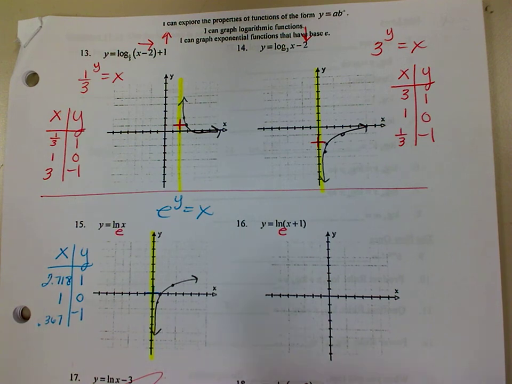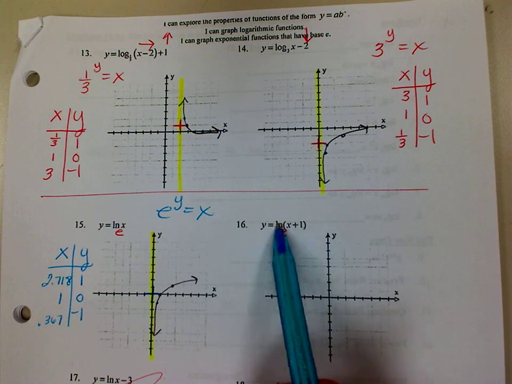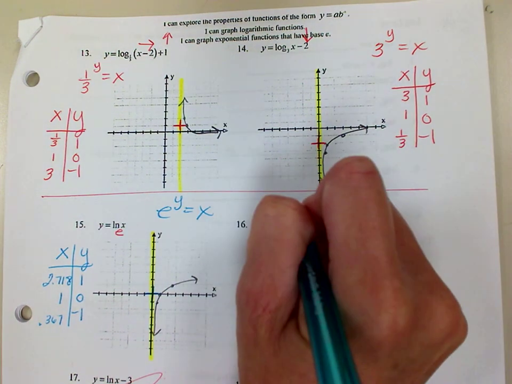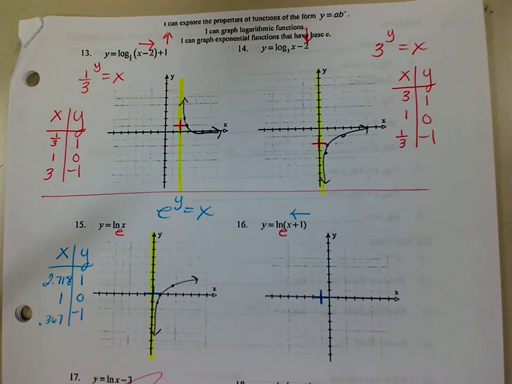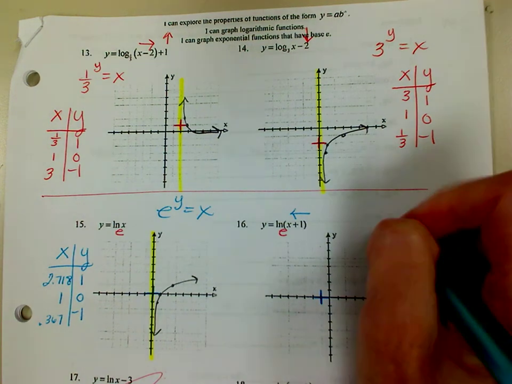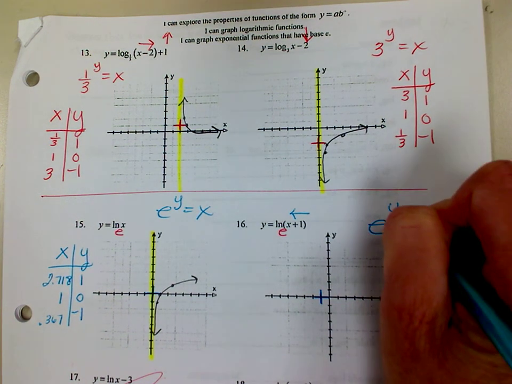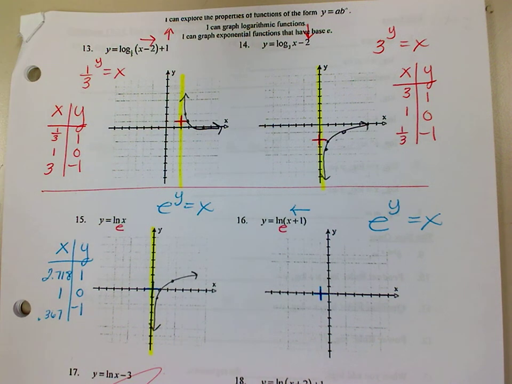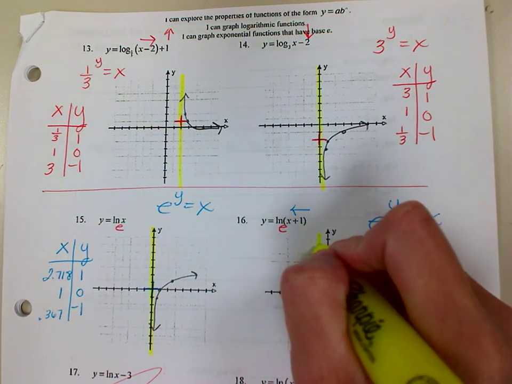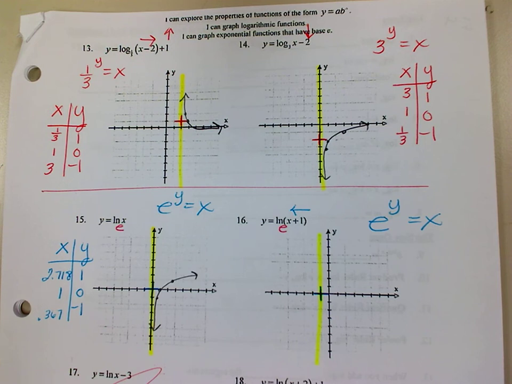Okay, moving on to 16. This number is grouped with x. I'm going to do the opposite. I'm going to go to the left one. Okay, now I've got to rewrite it. So it's going to be e to the y equals x. Since y is the exponent, I cannot cross the new y-axis.